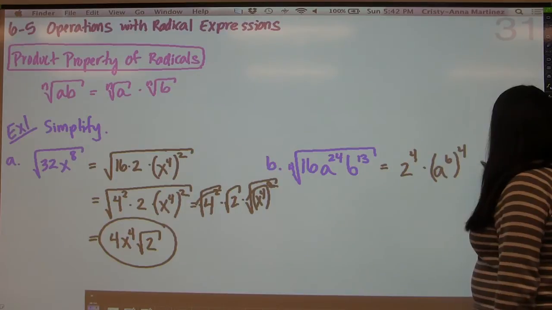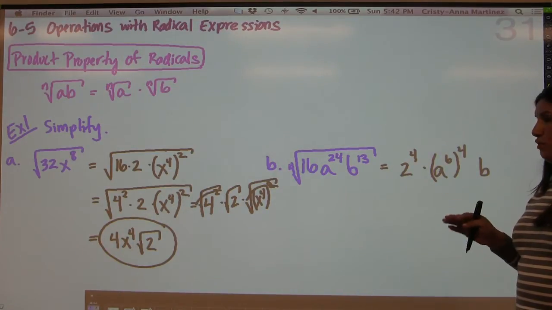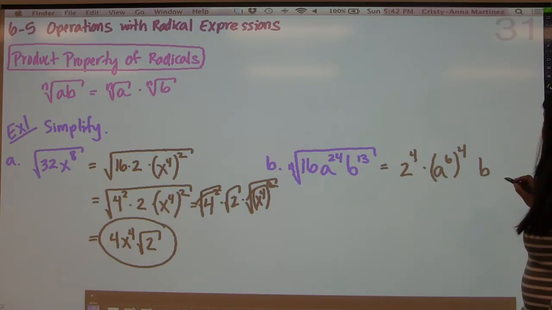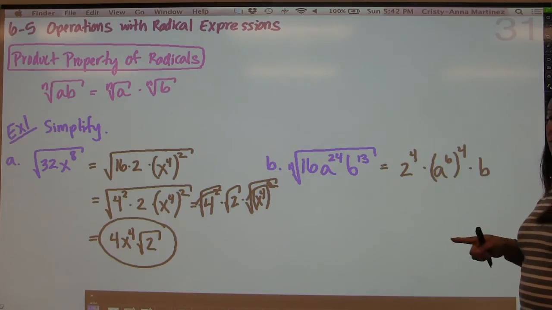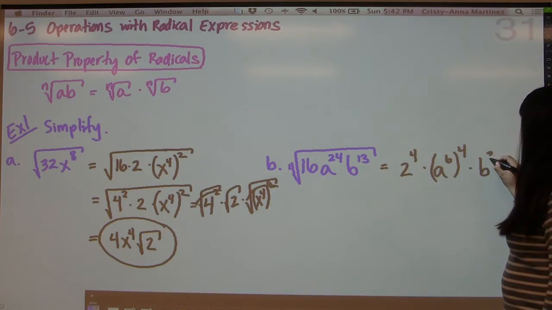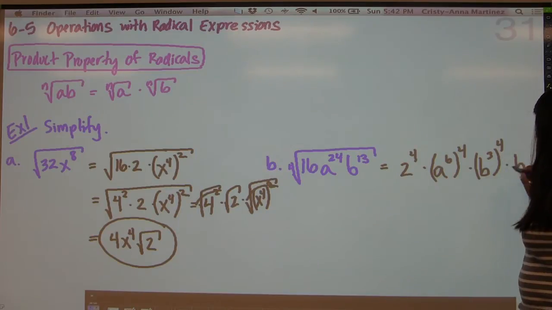But with the b, we don't have anything times 4 that will give you 13. But we do have 12. We know that 3 times 4 is 12. So I'm going to put b cubed to the 4th power, because 3 times 4 is 12. And then you have an extra b.